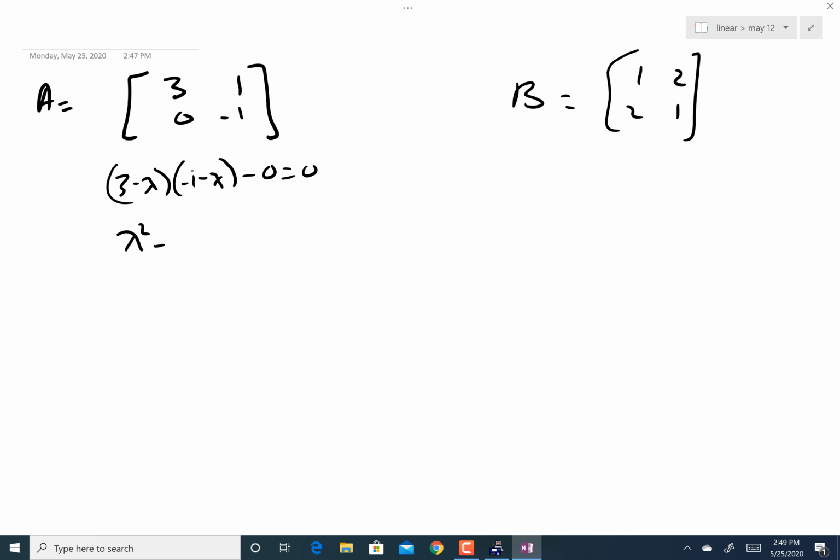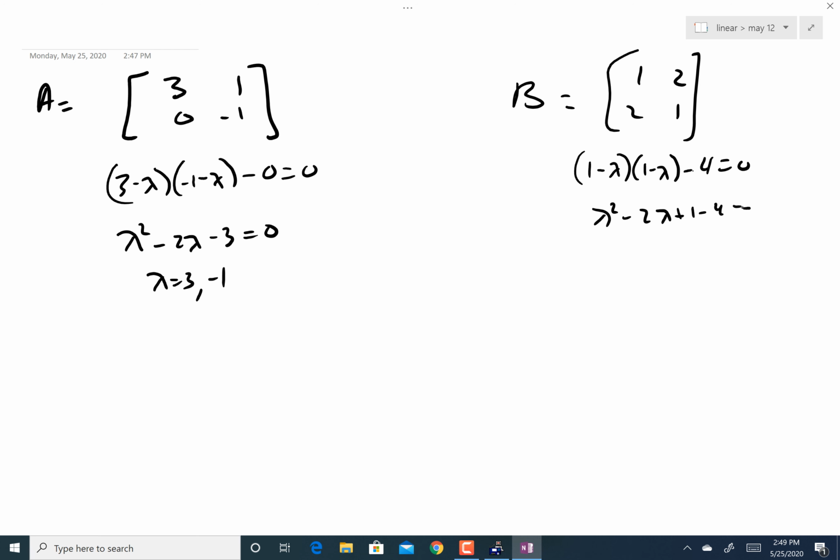That's lambda squared minus 2 lambda minus 3 equals 0, so lambda equals 3 and lambda equals negative 1. For B, it's 1 minus lambda squared minus 4 equals 0, which is lambda squared minus 2 lambda plus 1 minus 4.